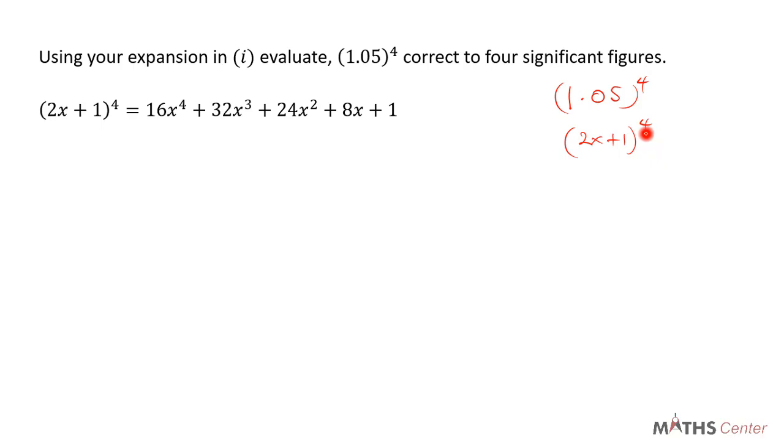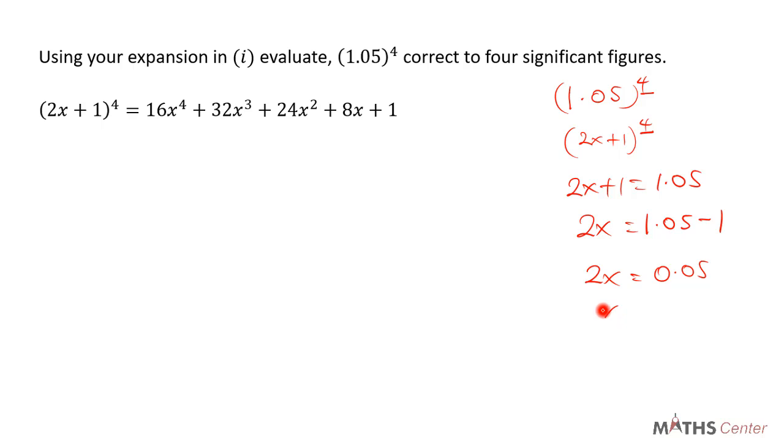By comparison, we can see that the exponents are the same, so we can equate the bases. And so 2x plus 1 will be equal to 1.05. We are going to solve for x here, so 2x will be 1.05 minus 1. This gives us 2x is equal to 0.05.